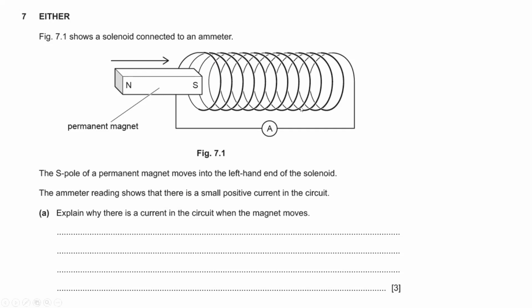So we have to write down this whole aspect in our words. First, we can simply say that the moving magnet results in a time varying magnetic field.